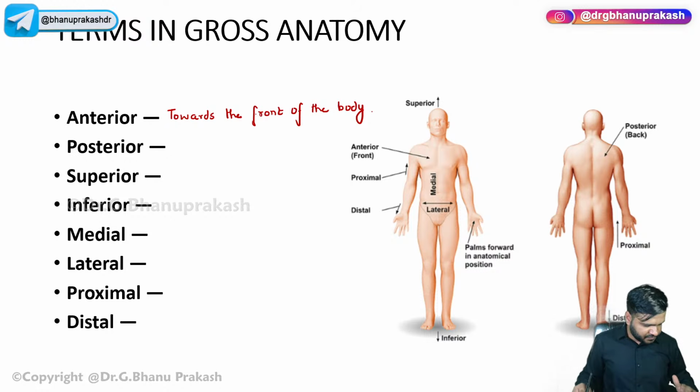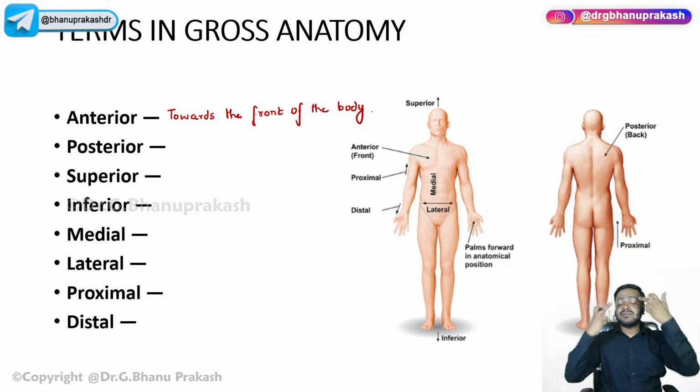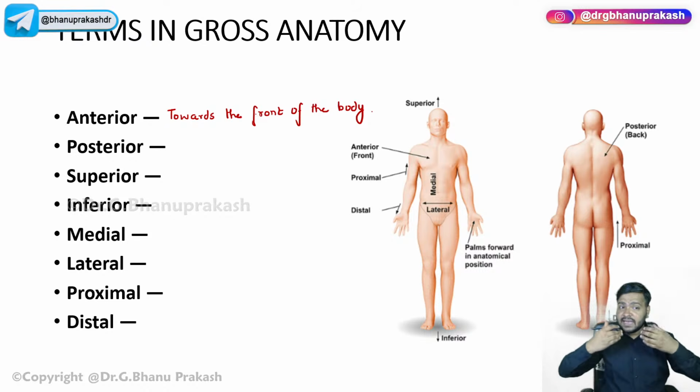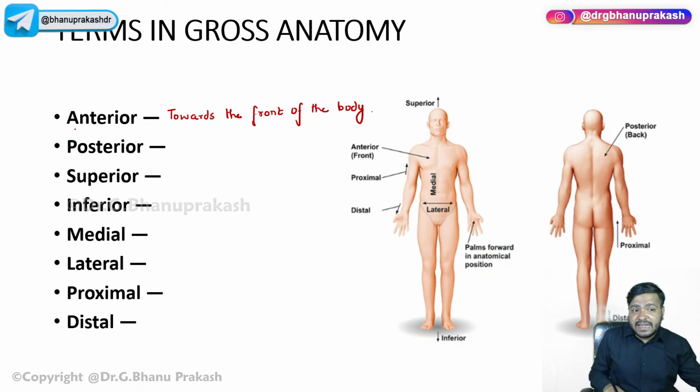Tell me. Yes, Ishrat Fayaz, very good. The nose, the eyes, guys. You can see the eyes, the nose, they're lying towards the front. Anything which comes in the front, it is anterior.